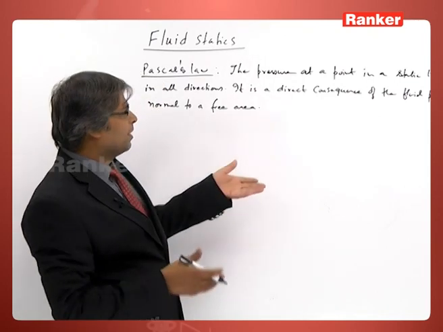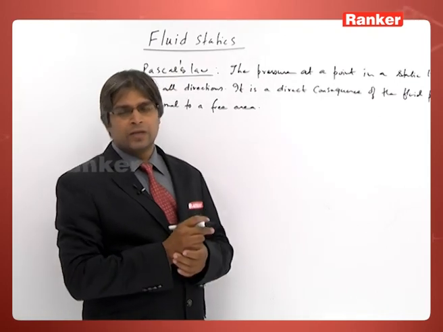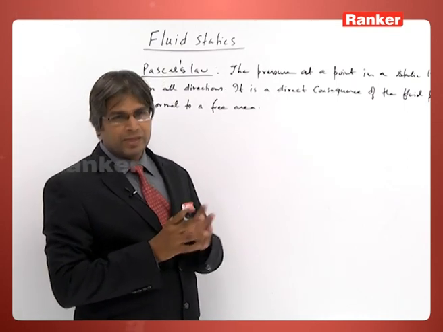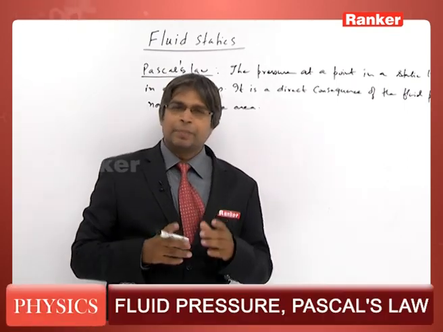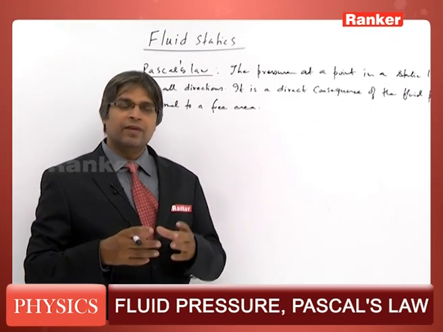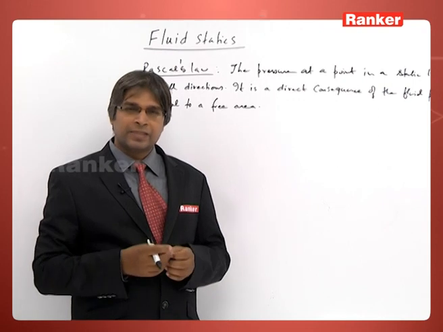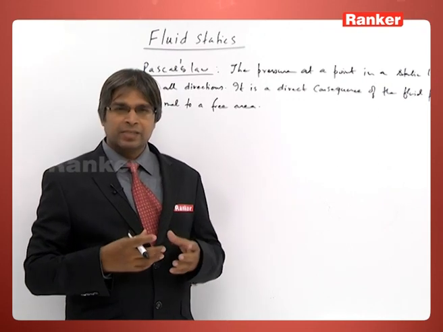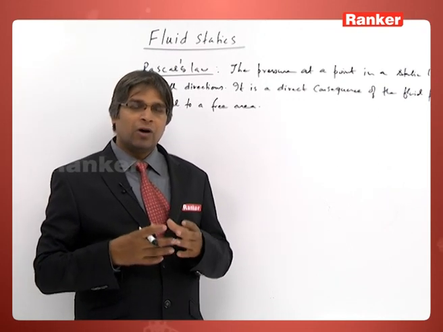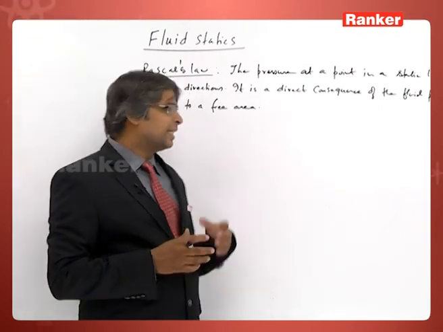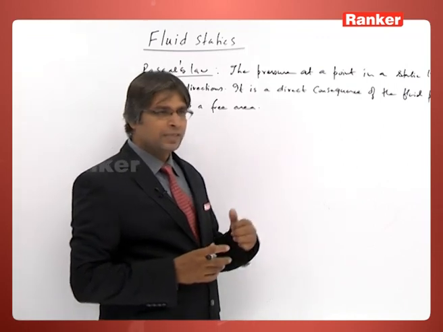So, automatically the pressure is going to be the same at any point in any direction. This is what Pascal's law is. Based on Pascal's law, we have a lot of engineering equipment like hydraulic presses, Brahma press, all working on the principle of Pascal's law. Let us theoretically prove Pascal's law.